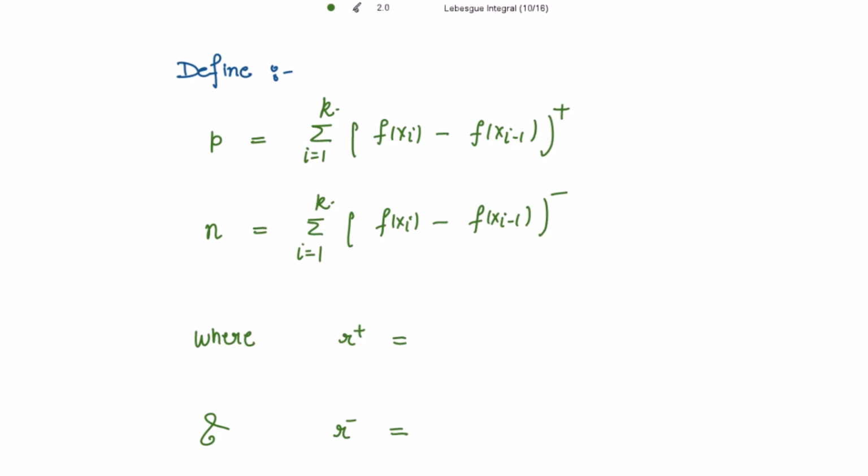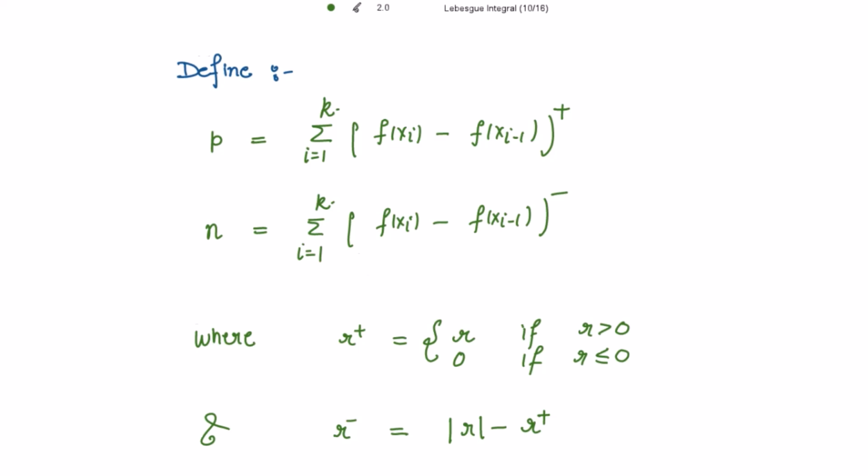Where r plus denotes what? r if r is strictly greater than 0, and is 0 if r is less than or equal to 0, right? We take r minus to be equal to the absolute value of r minus r plus, right?